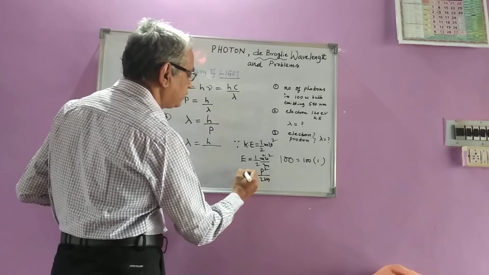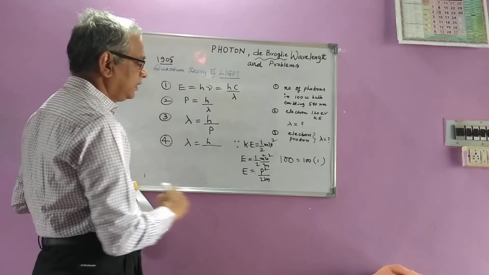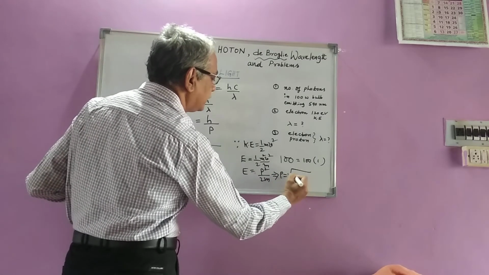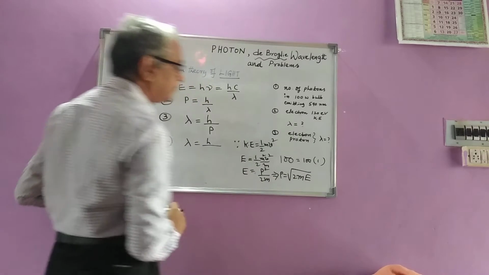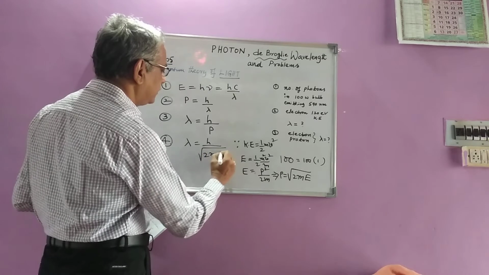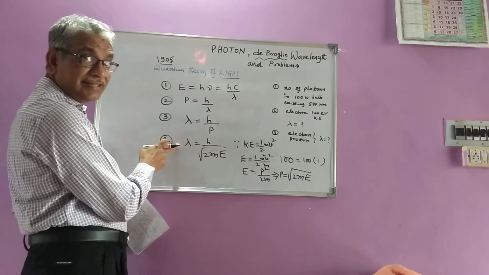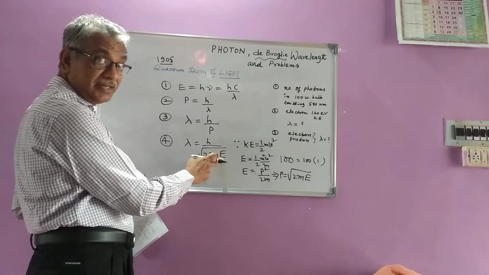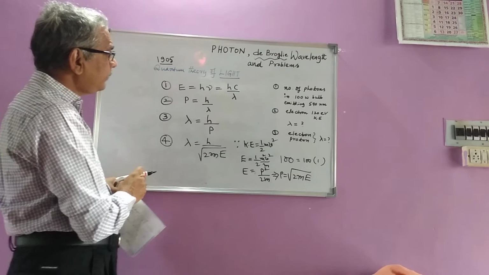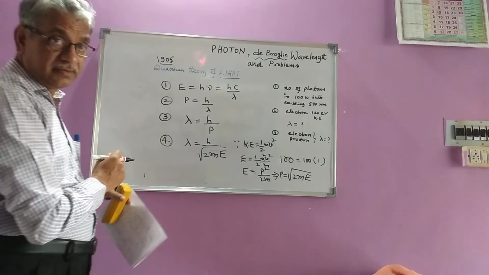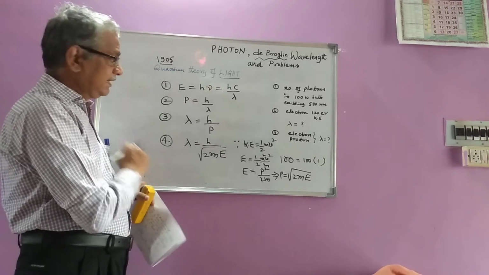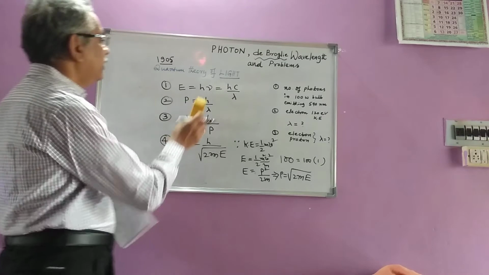So p square by 2m is equal to kinetic energy. This implies P is nothing but root of 2mE. Now in place of P, I'll write root of 2mE. So de Broglie wavelength can be represented in terms of kinetic energy and the mass of the particle, and h is the Planck's constant. Now if you remember these four formulas, we can work out any problem connected to the de Broglie wavelength. Now we'll see the first problem.